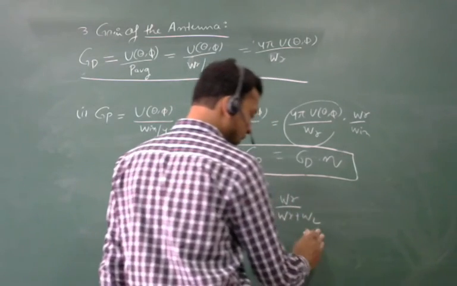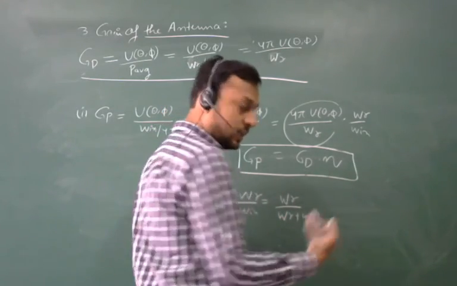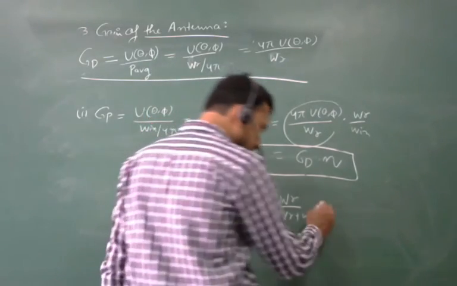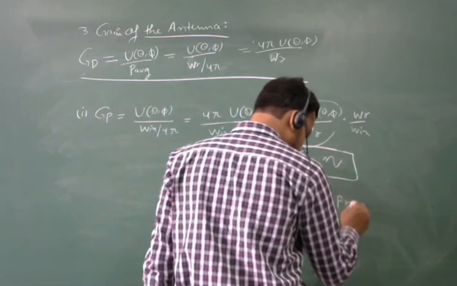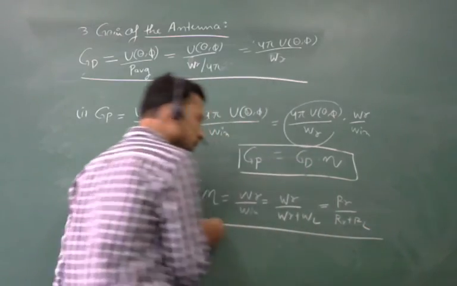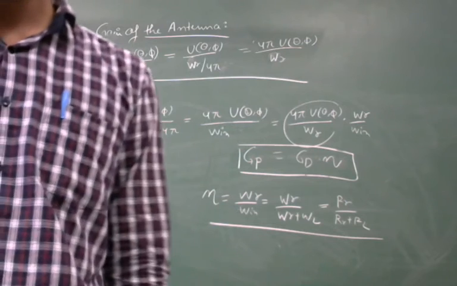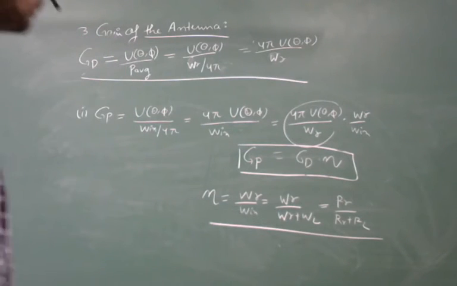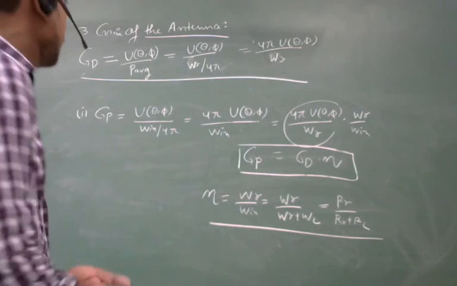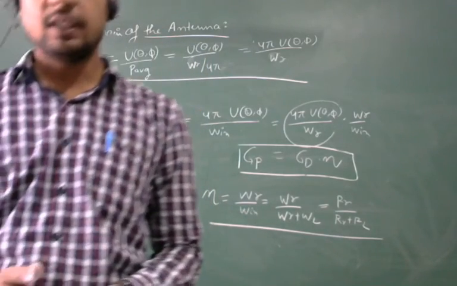So this power is radiated and this power is dissipated in the form of loss, and this is the complete input power. In terms of radiation resistance, this is R R upon R R plus R L. So this is the complete efficiency. This is the directive gain and power gain.